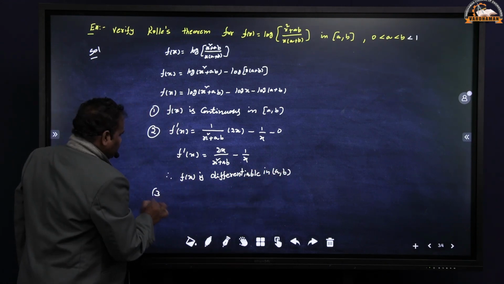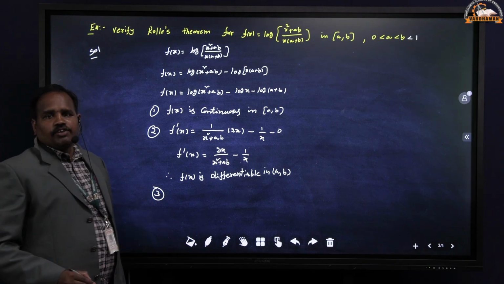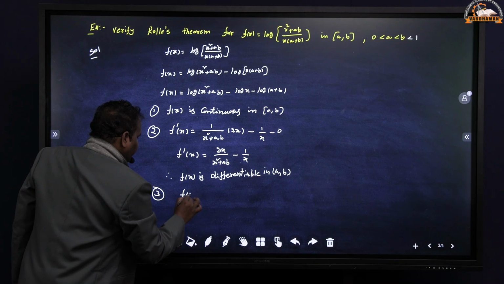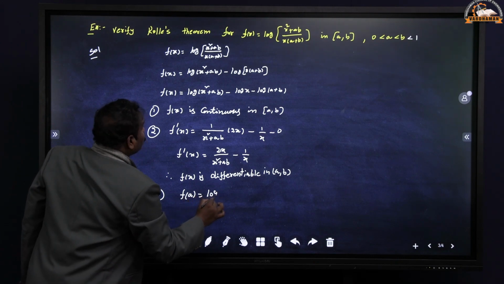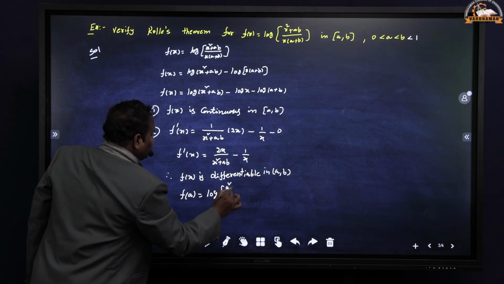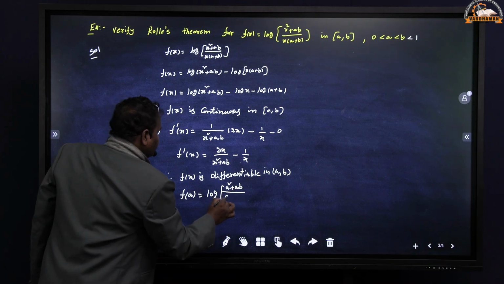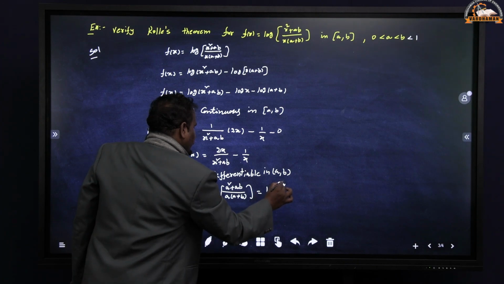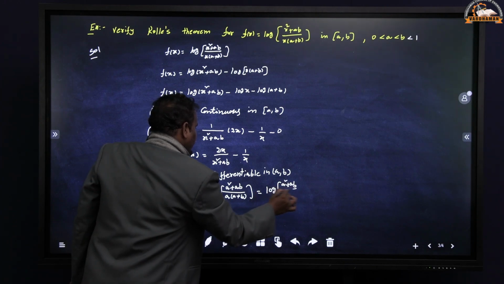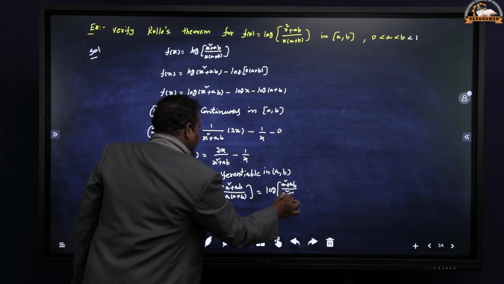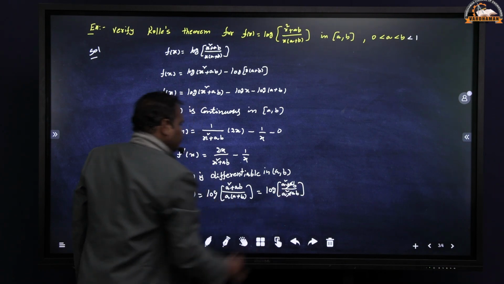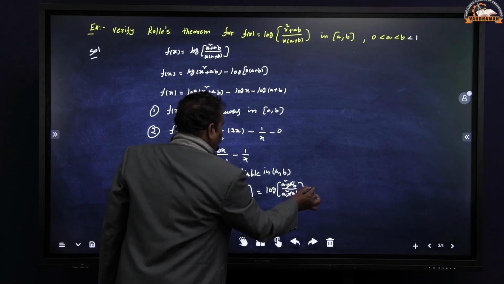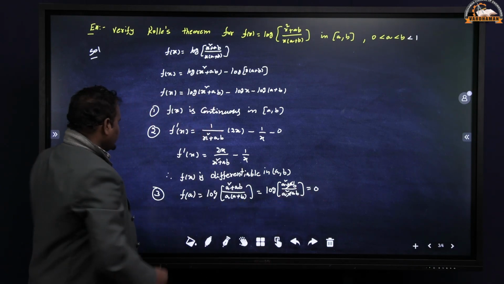Now third condition, f of a is equal to f of b or not. Substitute x as a in that one. f of a is equal to log of (a square plus ab) by a into (a plus b). Multiply a inside: a square plus ab. (a square plus ab) gets cancelled, log 1. Log 1 value is 0.